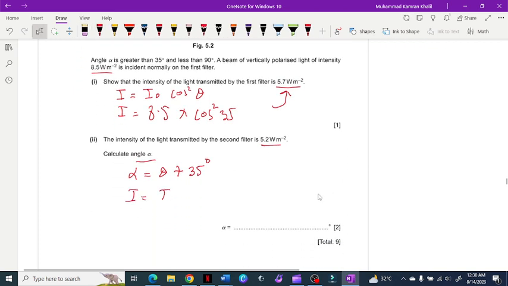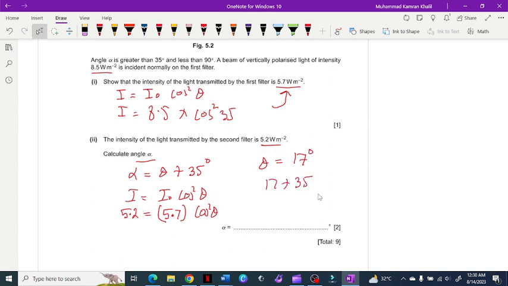I is equal to I naught cos square theta. So we will substitute the values very carefully. The maximum was 5.7, that is the input. The output is 5.2 into cos square theta. So we will calculate theta, which is equal to 17 degree, and now 17 plus 35, we will get 52. The degree sign is already over there.